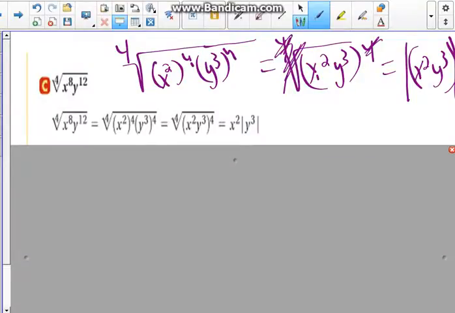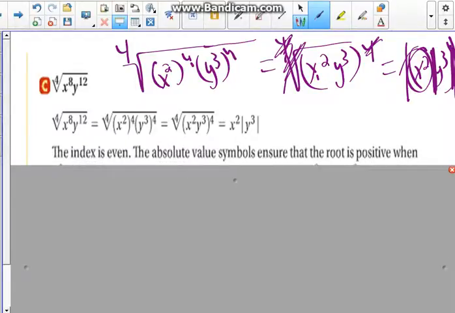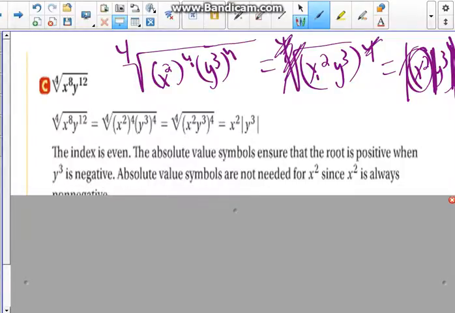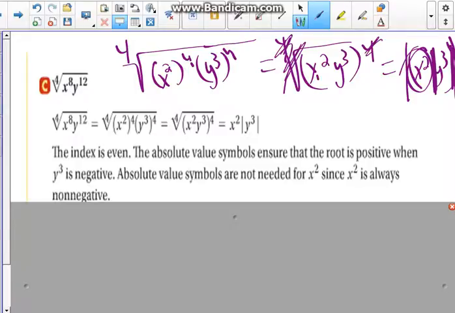Oh, excuse me. The y cubed stays in absolute value because it's an odd power. Just the evens. So the index is even, so the absolute value symbols ensure the root is positive, even when y cubed is negative. Absolute value symbols are not needed for x squared, since x squared is always non-negative.